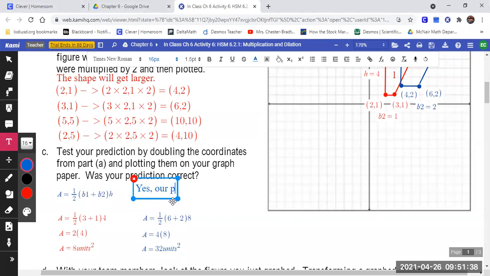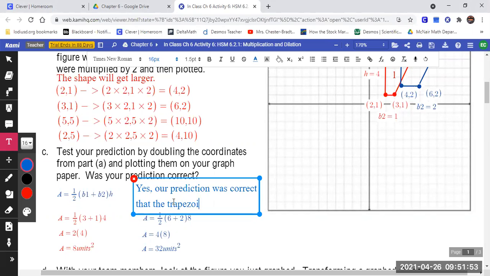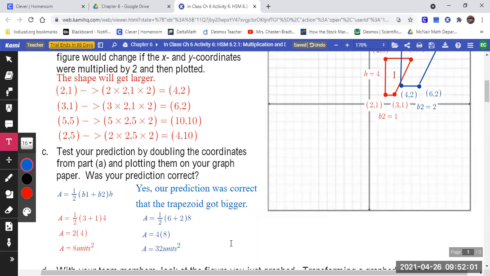So yes, our prediction was correct that the shape of the trapezoid, let's be specific, we know what it is, got bigger. Right? We're okay with that?